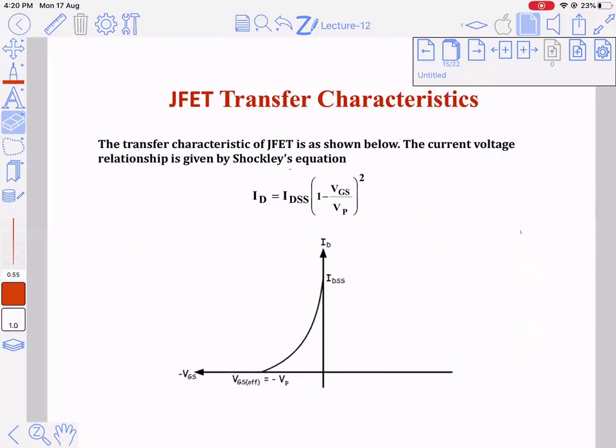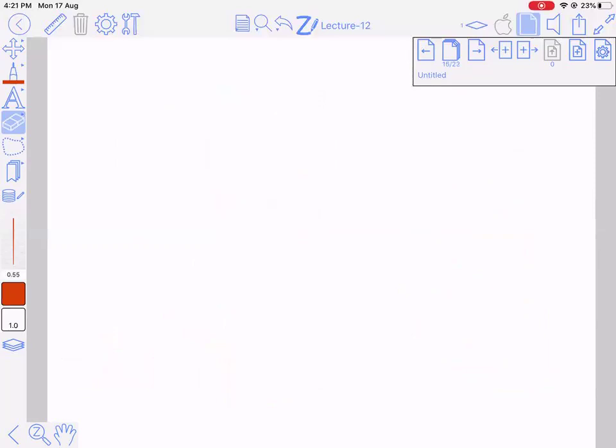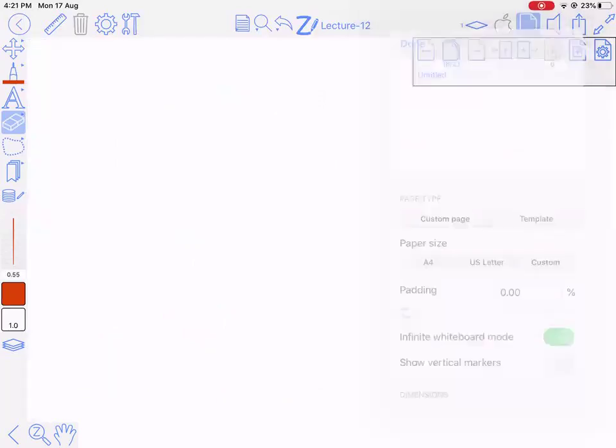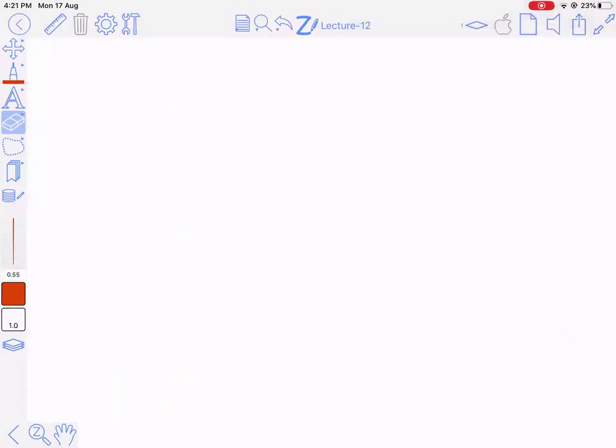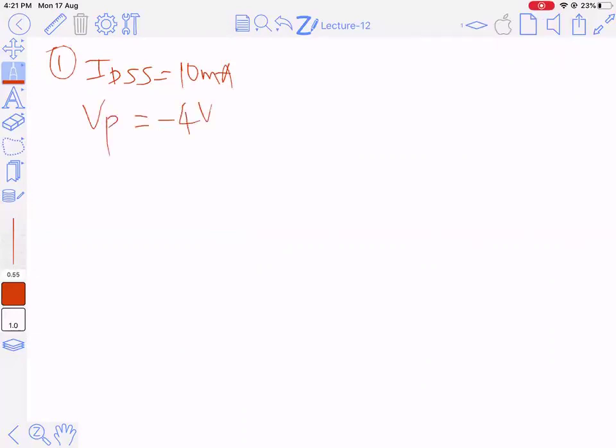So we'll just take a problem to understand this. Just write down a question in which we are going to calculate the current. The question is: the device parameters for a JFET are IDSS equal to 10 milliampere, VP equal to -4 volts.